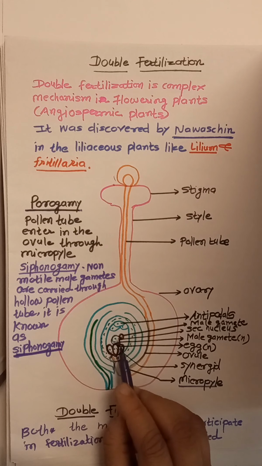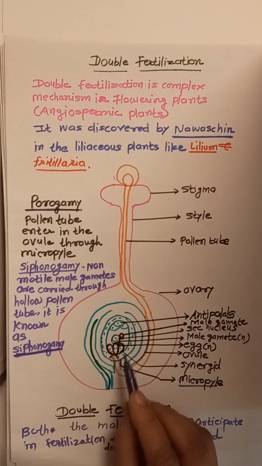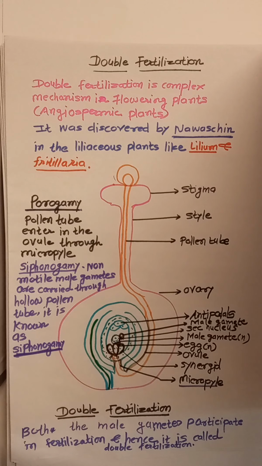One male gamete fuses with the egg and another fuses with the secondary nucleus. So both the male gametes participate and hence it is called double fertilization.